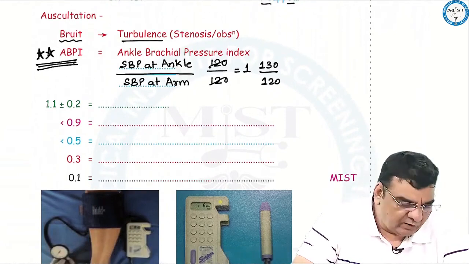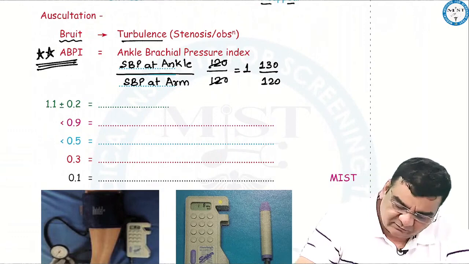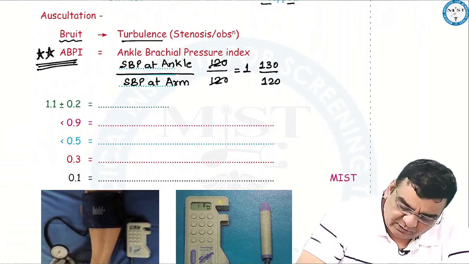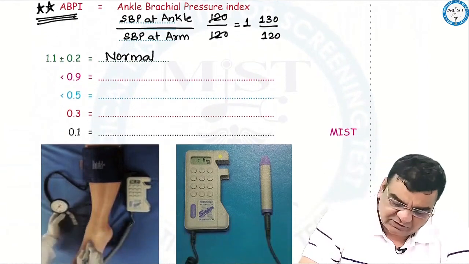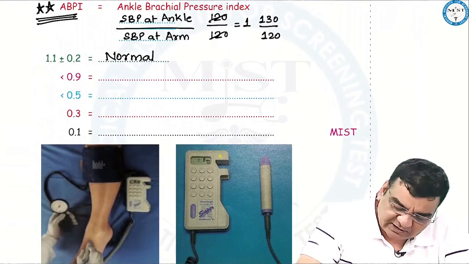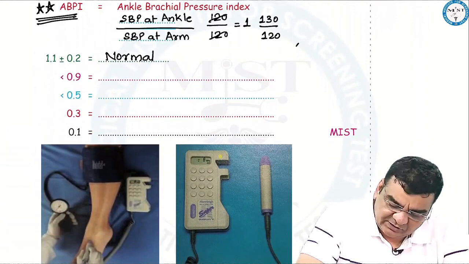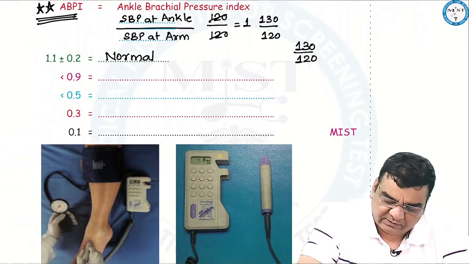If the value of this ratio is 1.1 plus minus 0.2, it means the story is normal. But if this ratio goes down, suppose I say that initially the pressure was 130 by 120. Right?